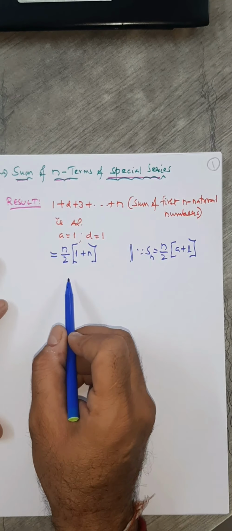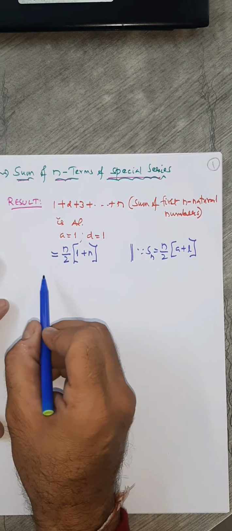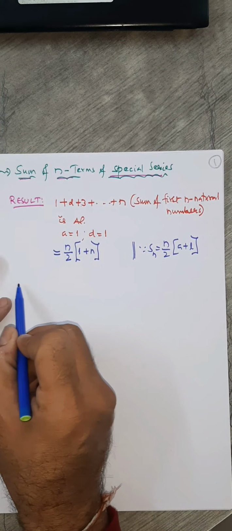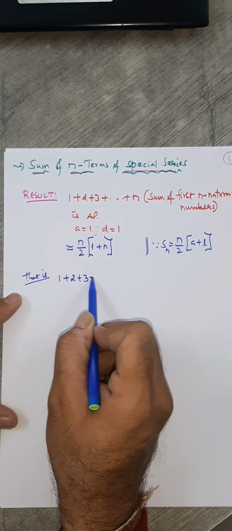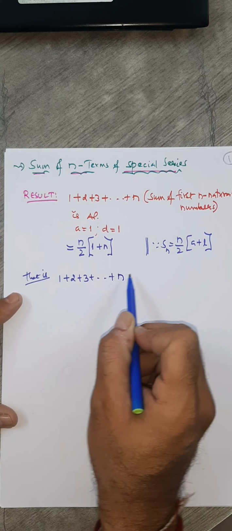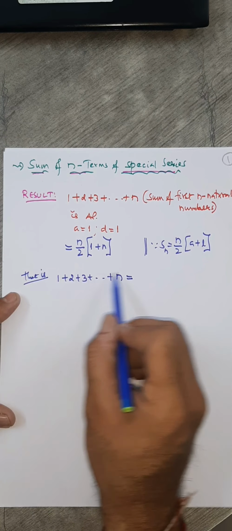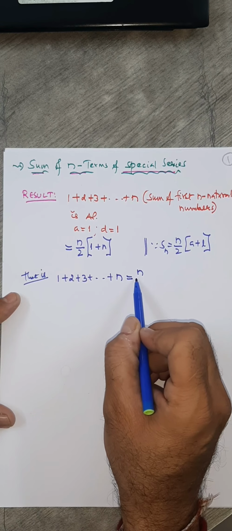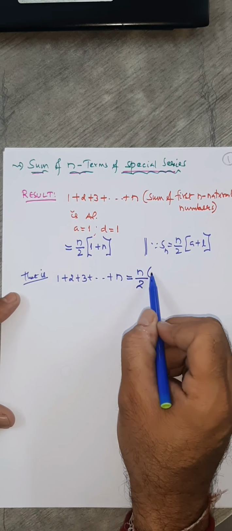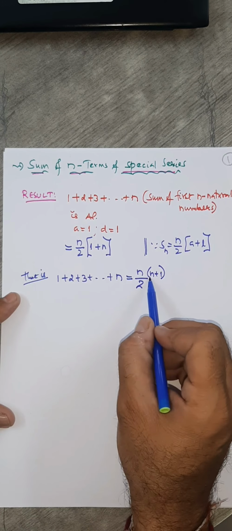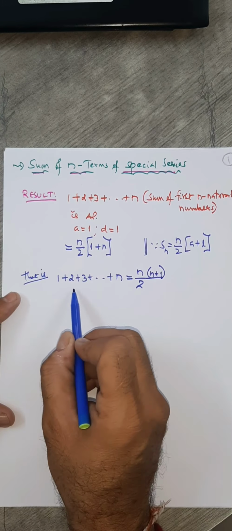So what I have shown here is finally this: 1 plus 2 plus 3 up to n, which, being addition, you can express in the form of sigma, is given by n by 2 into n plus 1. This is the very important formula here.